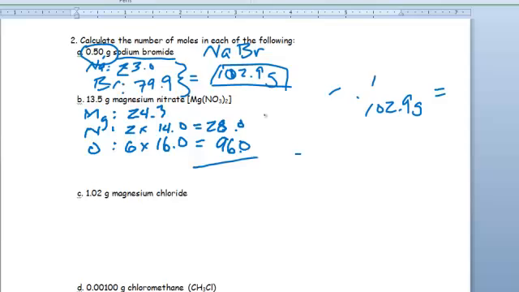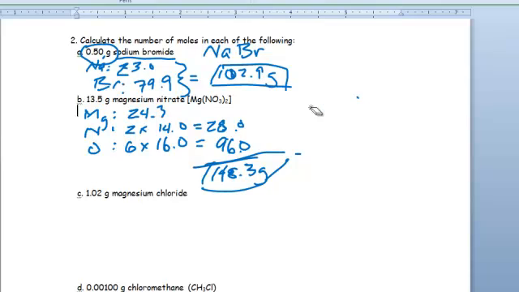All right. What's the total? 96 plus 28 plus 24.3, 148.3 grams. Okay, so 148.3 grams is the molar mass of magnesium nitrate. Now, let me grab some more space here.